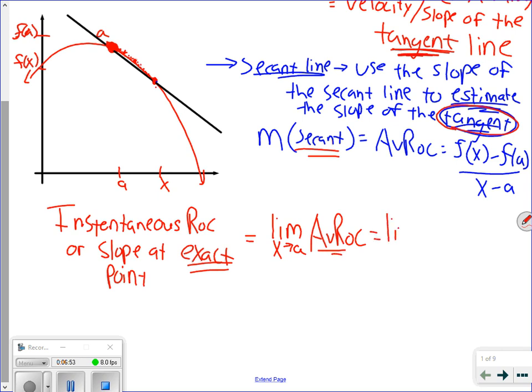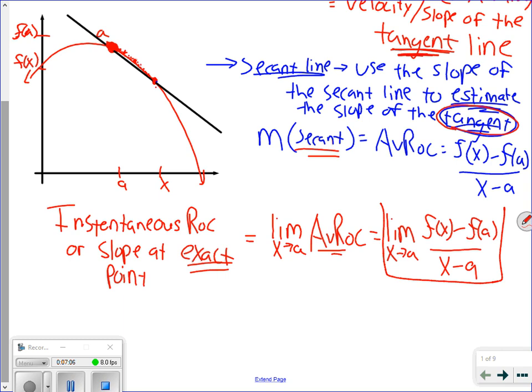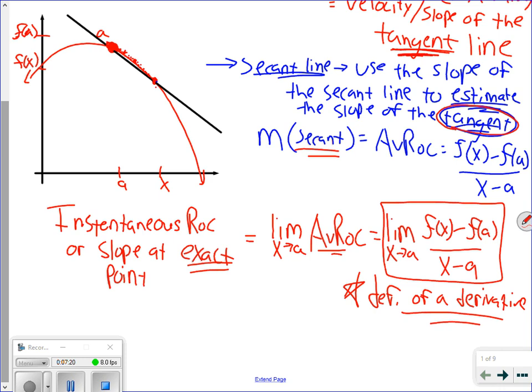So this is equal to, and I'll write out the official formula now, the limit as x approaches a of f of x minus f of a over x minus a. That right there is the definition of a derivative.